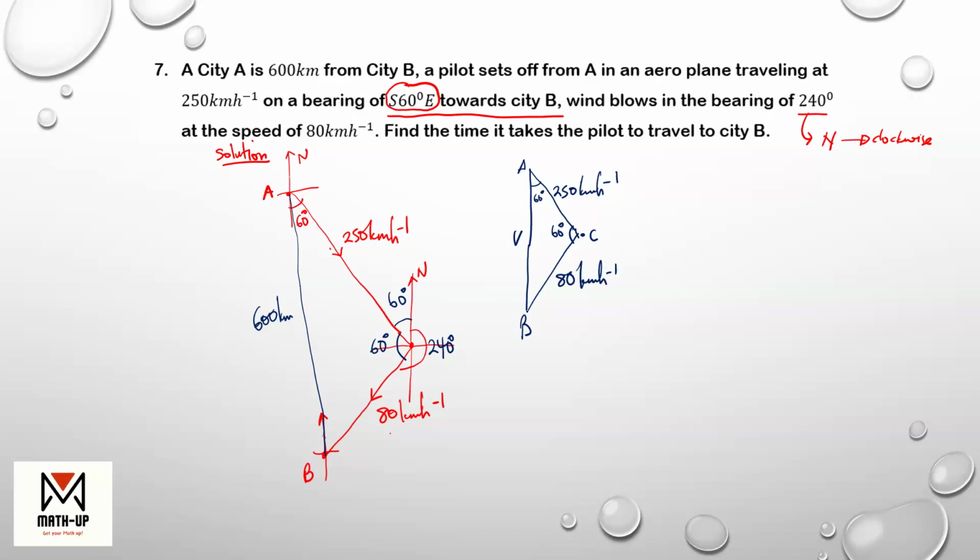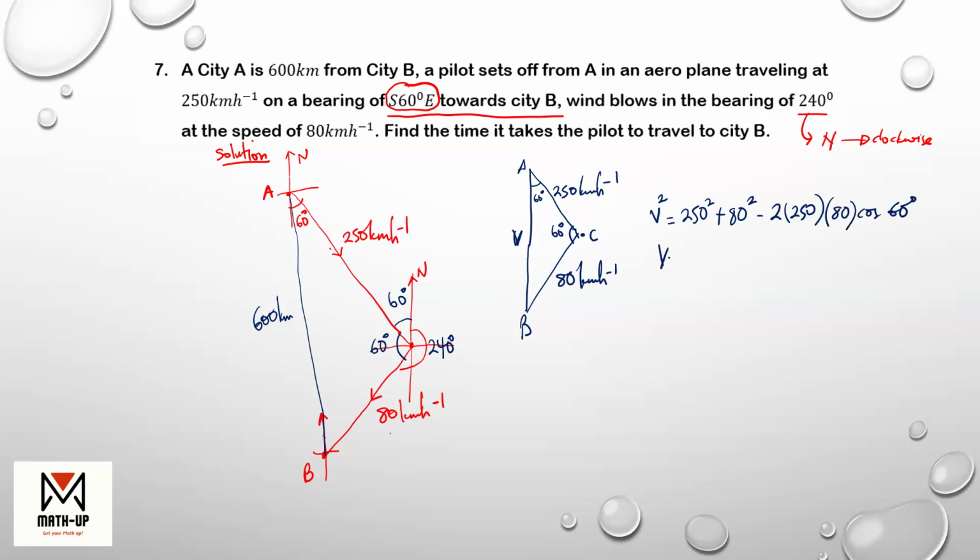Therefore, I'll use the cosine rule. And since the only thing I do not know is V, I'll make V the subject, and it is convenient to say V squared is equal to 250 squared plus 80 squared minus 2 times 250 times 80, times the cos of 60 degrees.